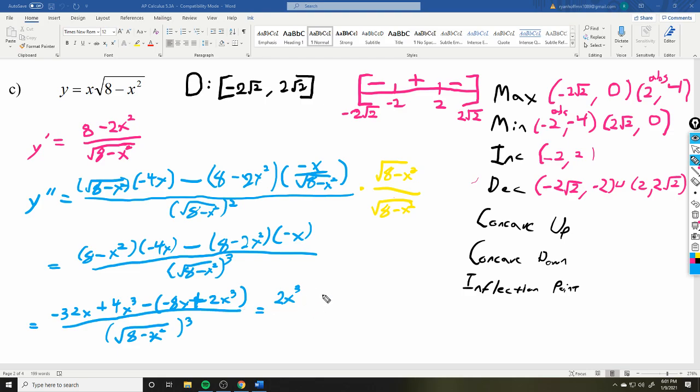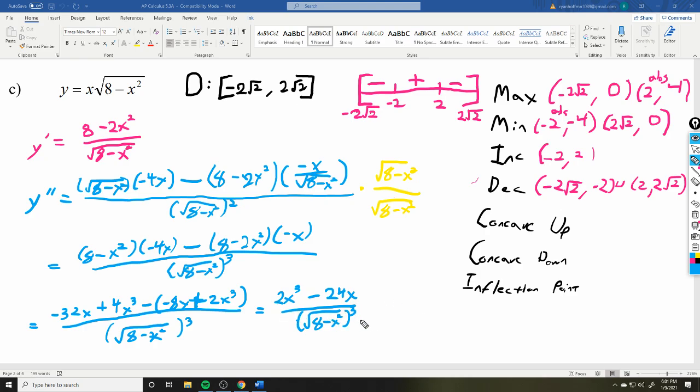And then I'm going to have minus, that's a negative 32x minus a negative 8x, which is a minus 24x. So this is my most simplified form of the second derivative.